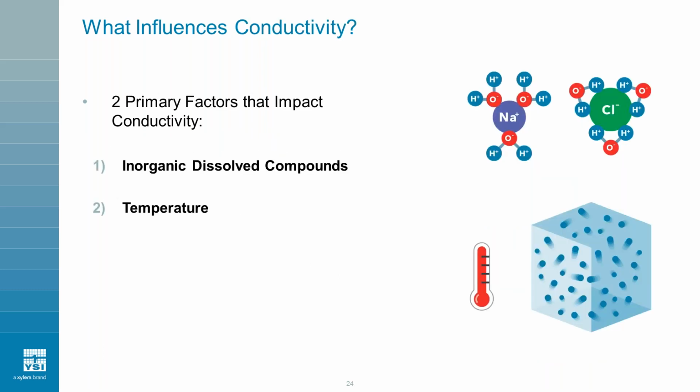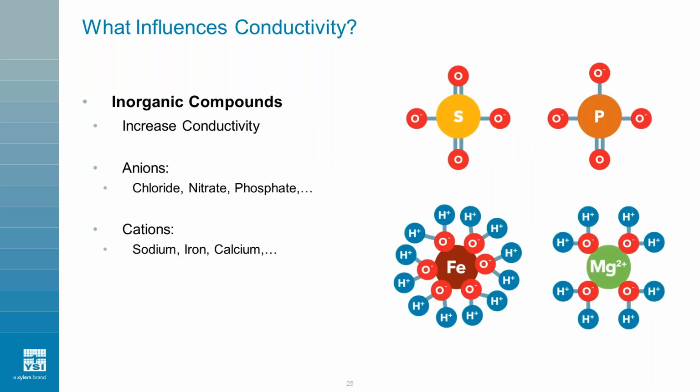So now that we know what conductivity is, I want to discuss what influences it. There are two major factors: dissolved salts and other inorganic compounds, and temperature. Generally, more dissolved salts or solids equal higher conductivity, but not always.